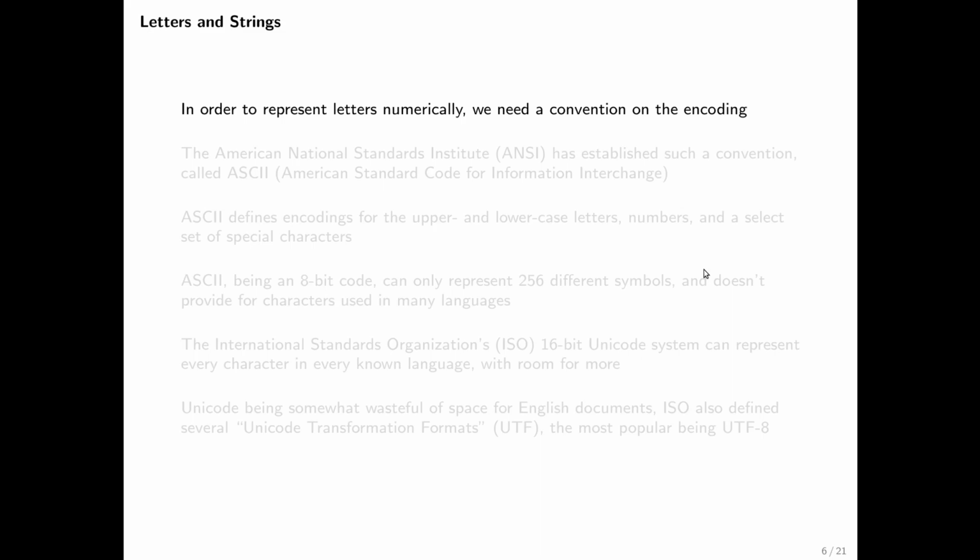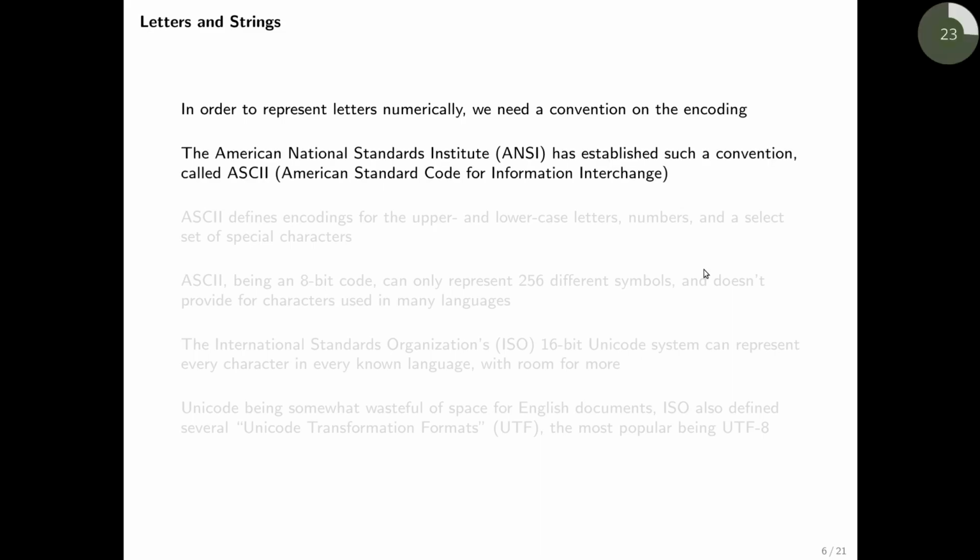In order to represent a letter or a symbol numerically, what we need is a convention. We basically need a mapping that maps a letter to a number, so that then we can represent any symbol or letter just as an integer.